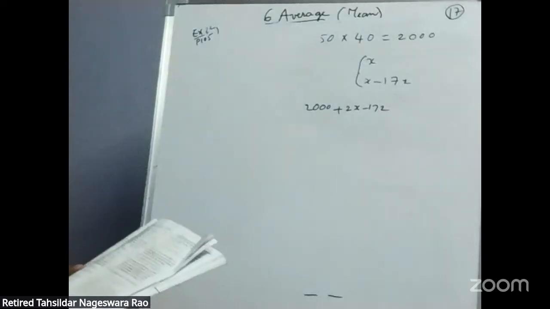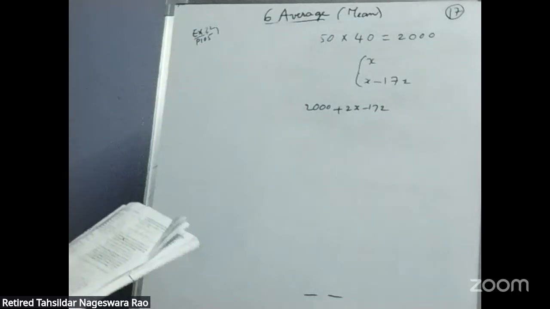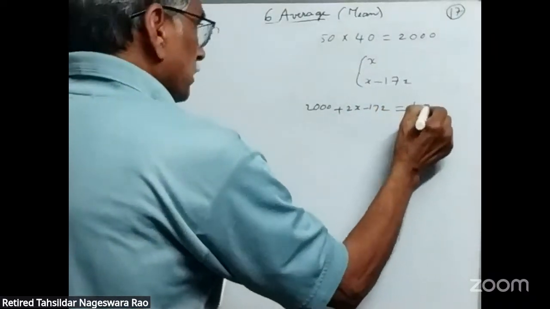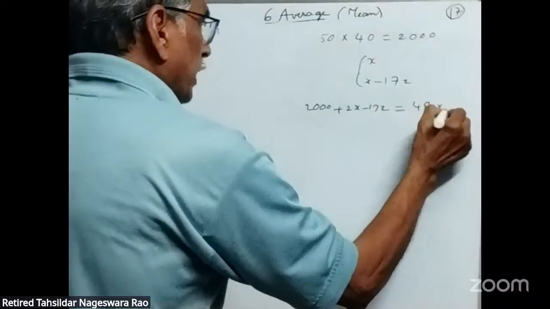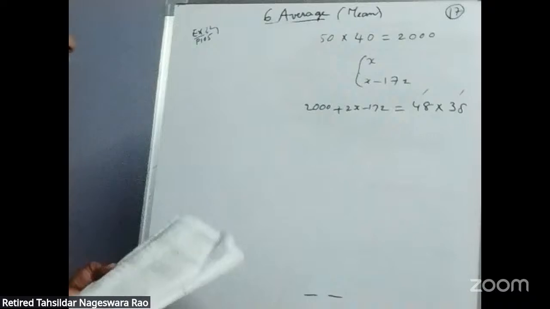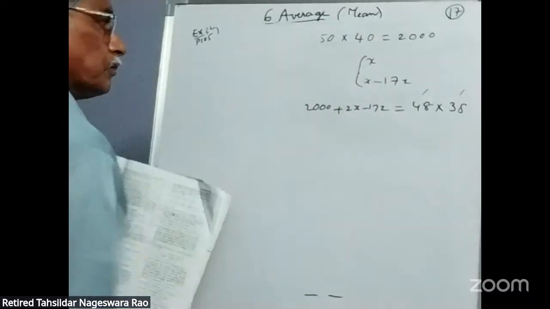That runs will be up to 48 into 38 innings, average 48. That will be equal to this one as per given data. Okay.